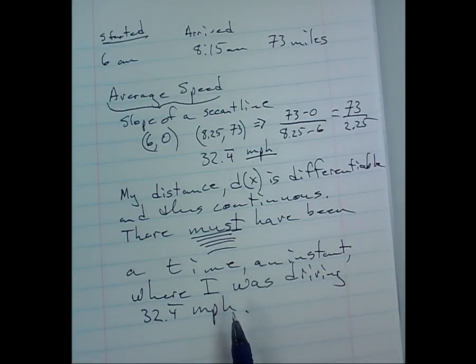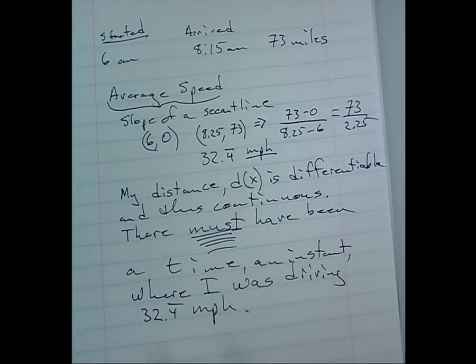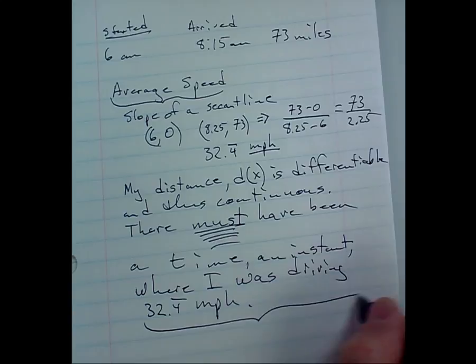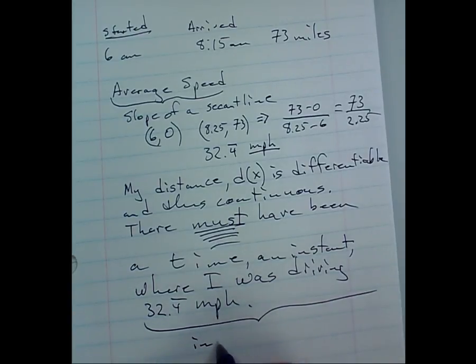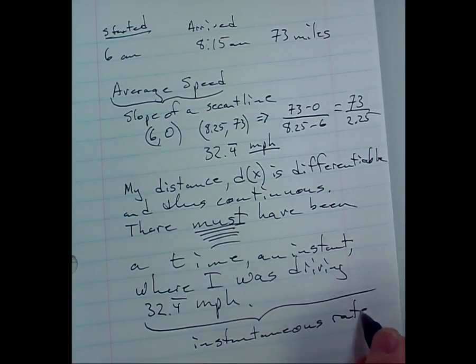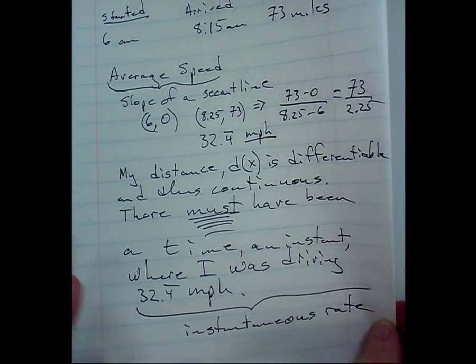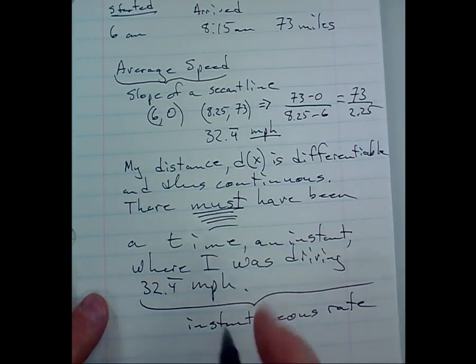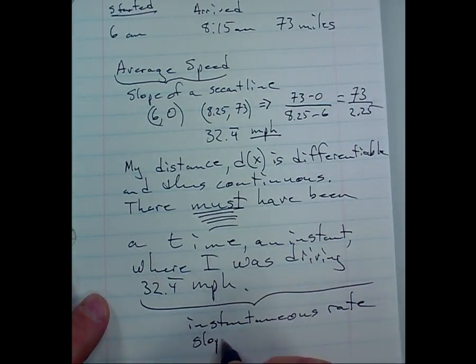But the moments that I'm going 32.4 miles per hour during my drive, what do we call that? Tangent line. What of the tangent line? Instantaneous rate. Okay? What's another name for instantaneous rate? The slope of the tangent line.